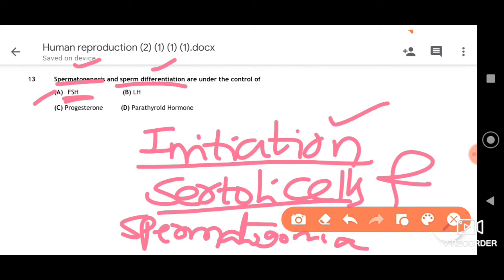When it binds to the Sertoli cells and the spermatogonia, it induces the proliferation, the multiplication, of spermatogonia. So what we need to identify is which hormone is needed in spermatogenesis and sperm differentiation. Without any hesitation, we have to go for option A, that is follicle stimulating hormone.